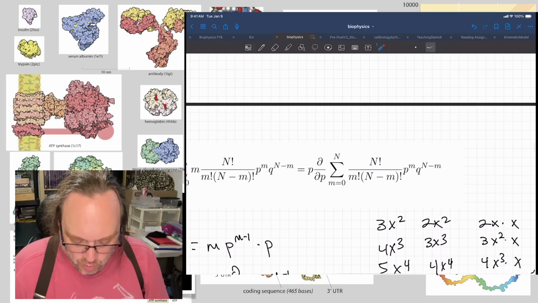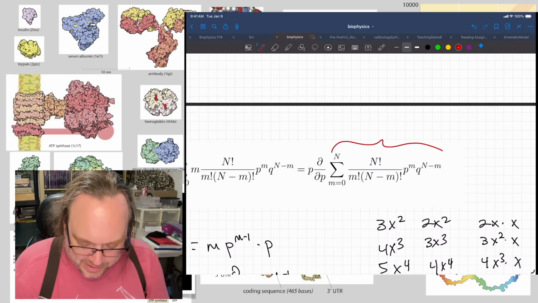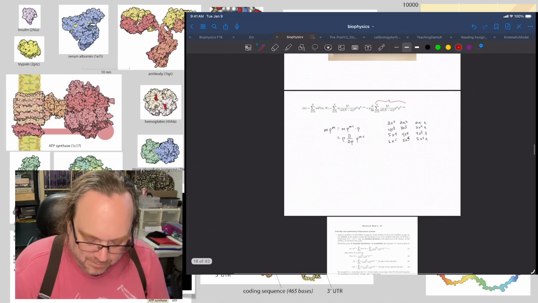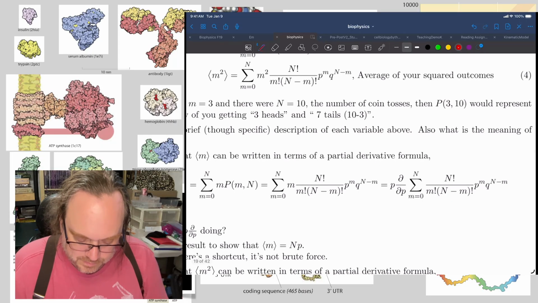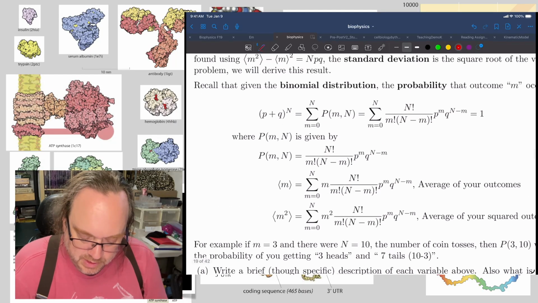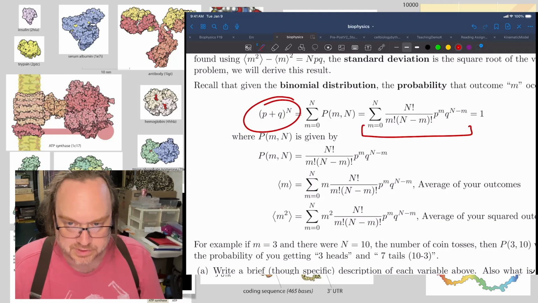Now what's wonderful about this is we know this whole thing, because of what we saw above, or what we saw here. This whole thing here is just (p plus q) to the n.